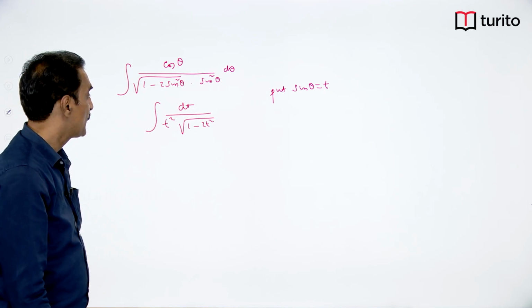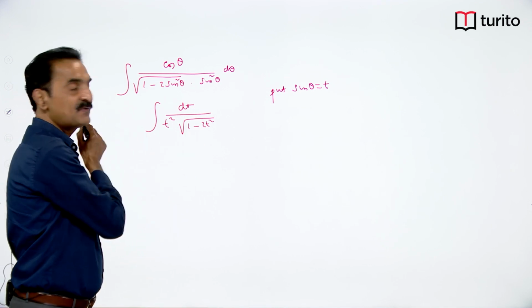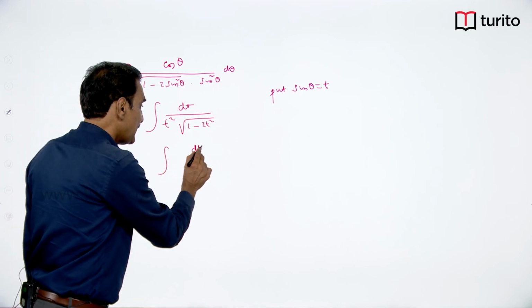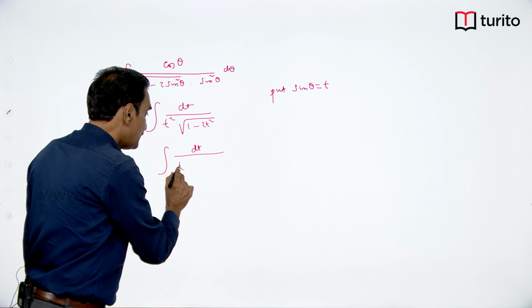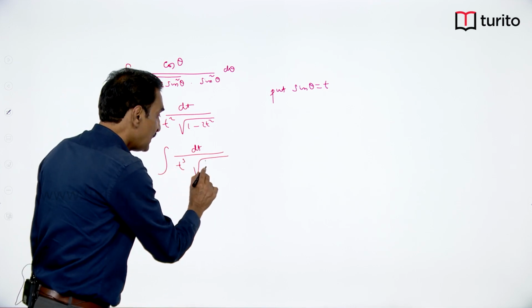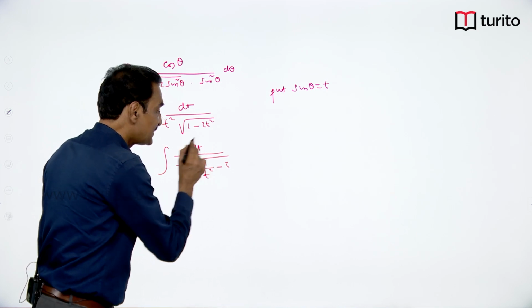Then what will you do? Take t square common. It will be dt by t cube into root over 1 by t square minus 2.